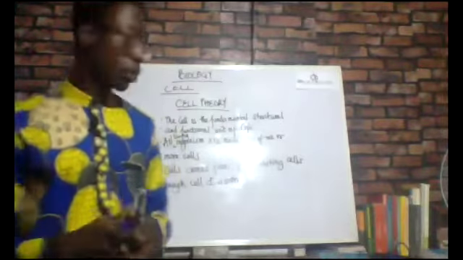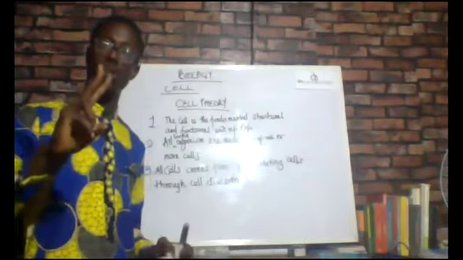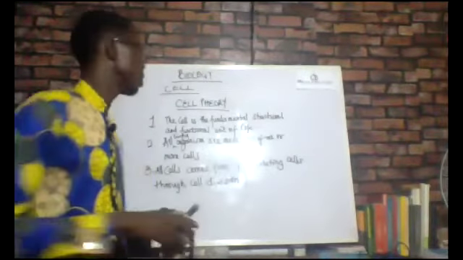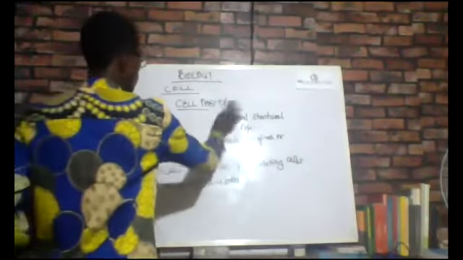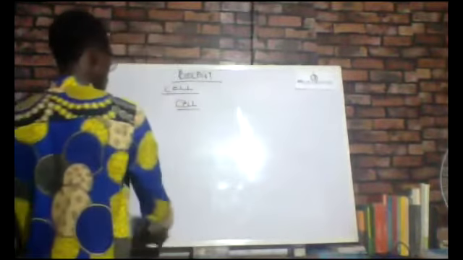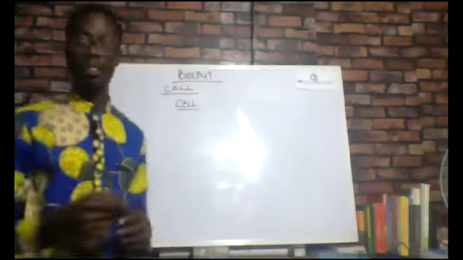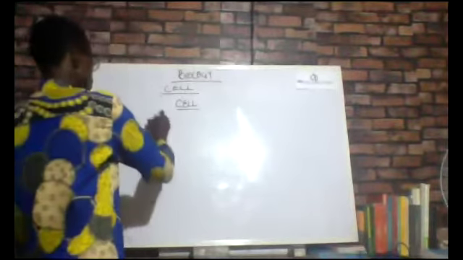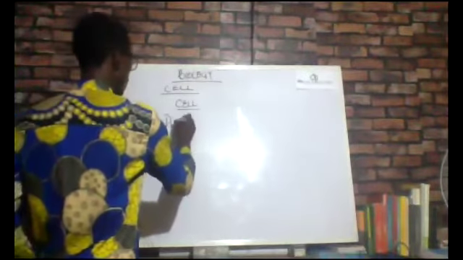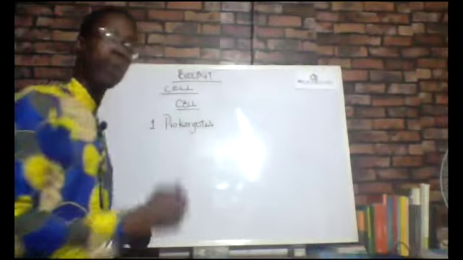Now, we want to discuss the two forms of cell. We can classify the cells of living organisms into two forms. Number one, prokaryotes or prokaryotic cells.